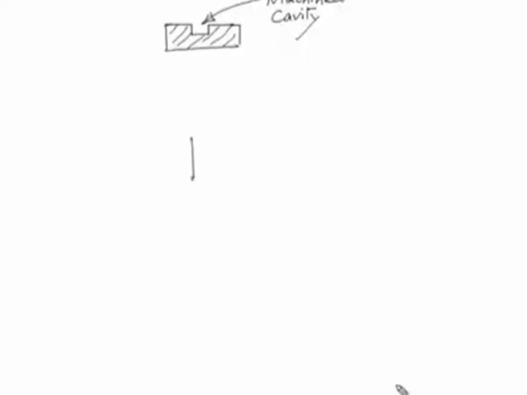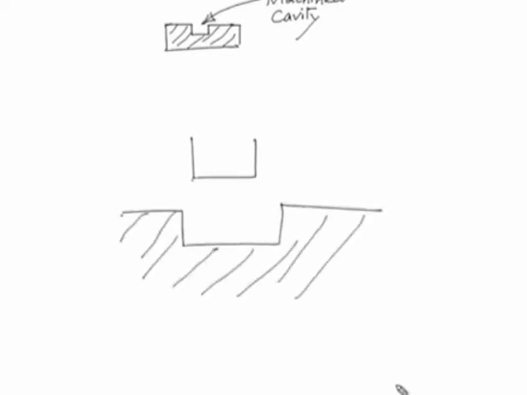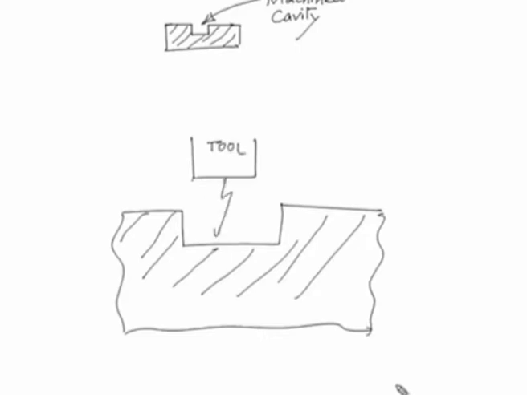This can be explained like this. As we have seen, this is the tool and this is the workpiece, and the sparking is taking place here in this zone. Now, because of the sparking, the dielectric fluid present here, as I have already indicated, also gets evaporated and some small bubbles are formed.